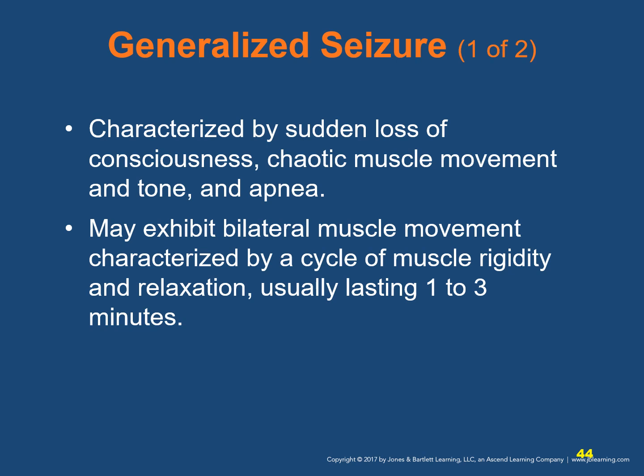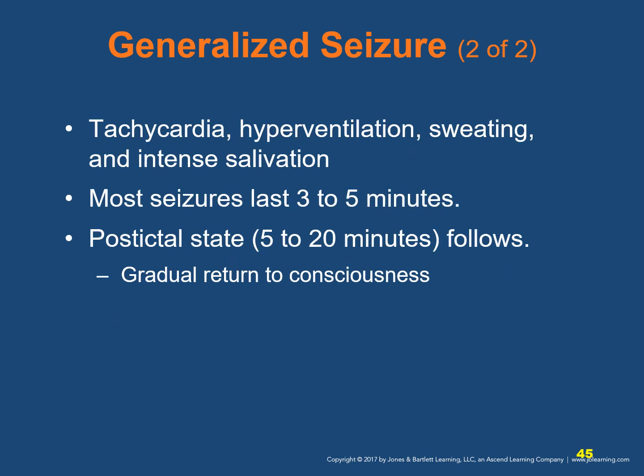Now, generalized seizures are characterized by sudden loss of consciousness, followed by chaotic muscle movement and tone, and apnea. During a generalized seizure, a patient may exhibit bilateral muscle movement characterized by a cycle of muscle rigidity and then muscle relaxation, usually lasting 1 to 3 minutes.